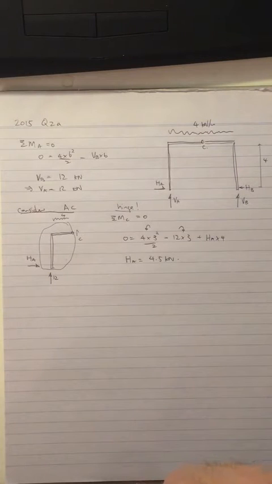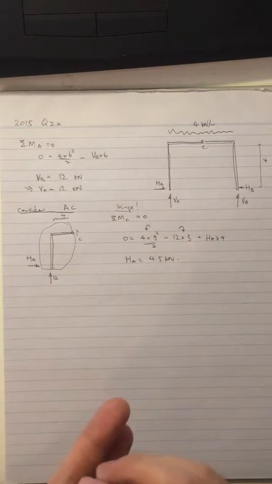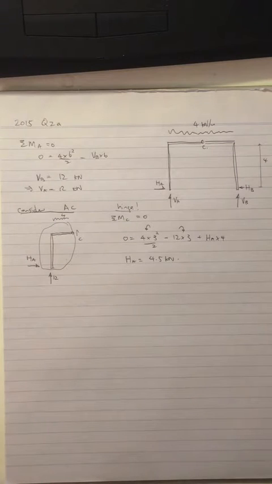Remember, you have three equilibrium equations, so you should be able to get at least three unknowns from your structure. If you had more unknown reactions, then you need to look for some additional special features in your structure to get them.